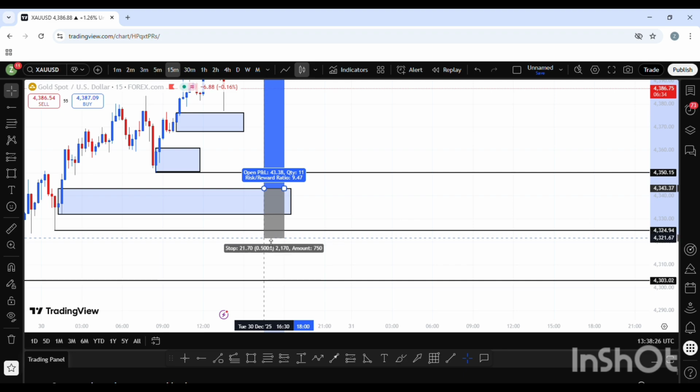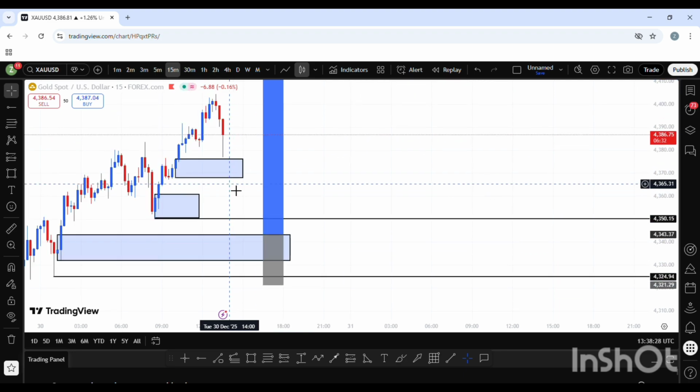So if I was to take this trade on normal months or when the market is stable, this would be a very good setup. But remember, from where my stop loss is going downwards, we still have a very big gap where the market can just decide to go up to there before it pushes up. And if the market decides to change character to selling, it can throw you off balance, okay?